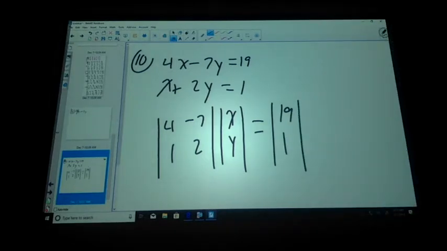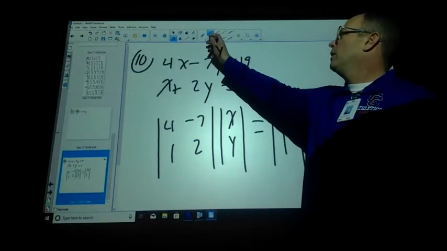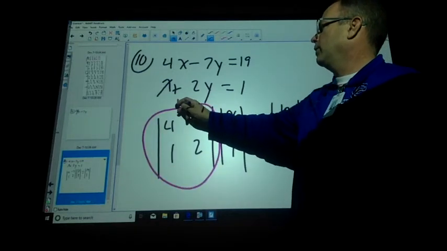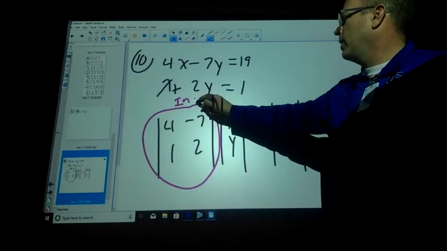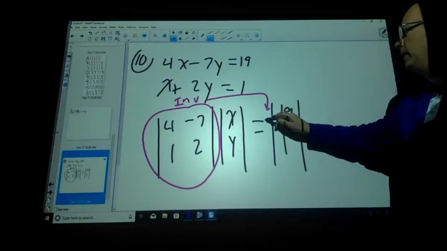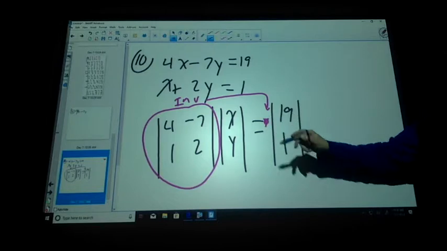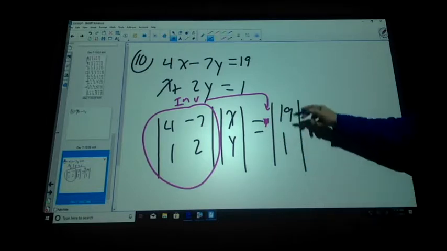Does everyone feel comfortable how I just generated that? I took the lead coefficients, and then my x and y became my 2 by 1. So we learned yesterday that we take the inverse of this, right? Take the inverse of this, and whatever that inverse is, you multiply it here, and that'll solve your x and y. Okay?